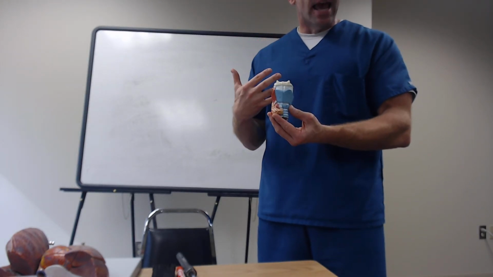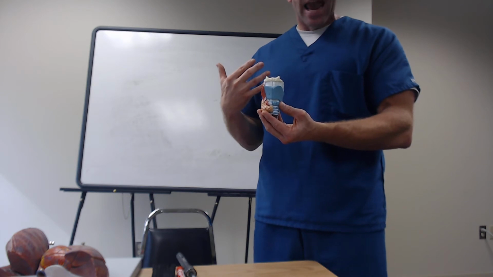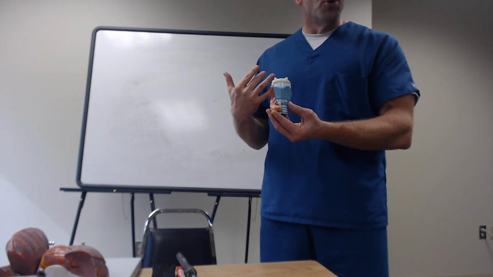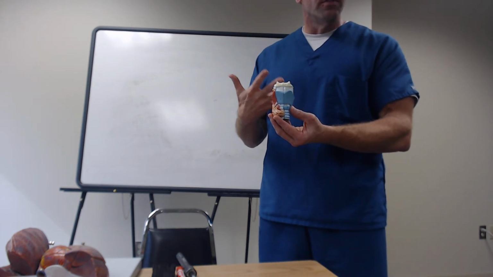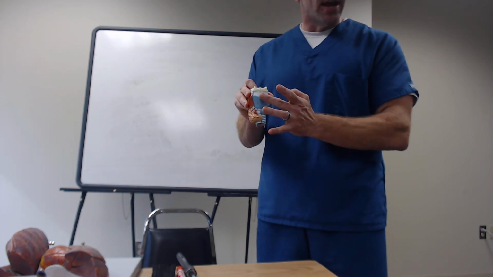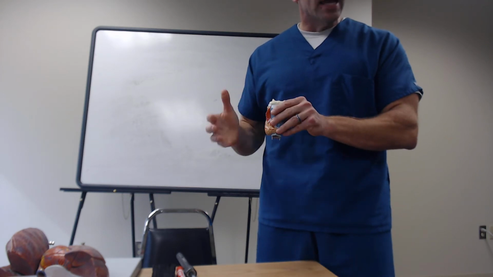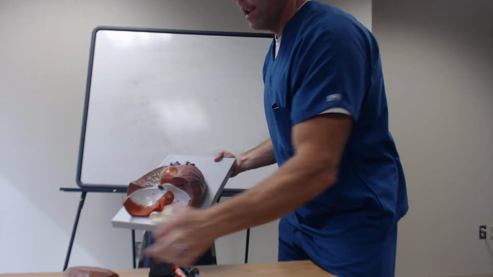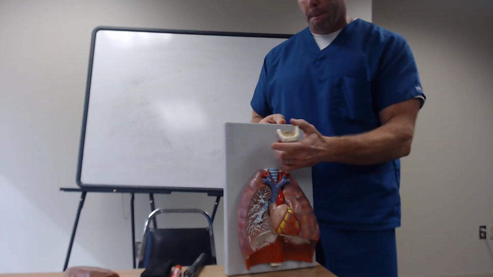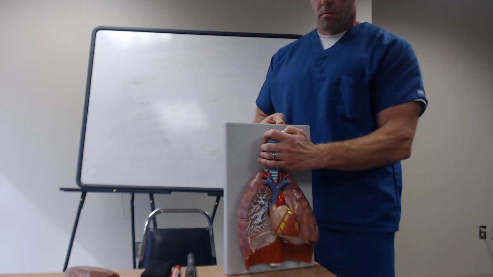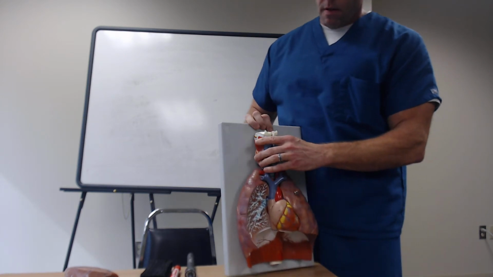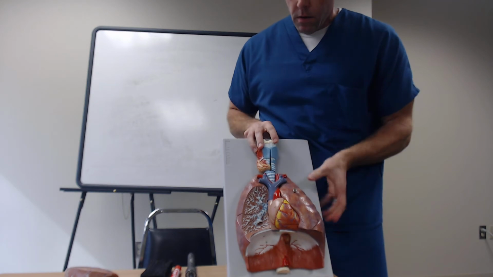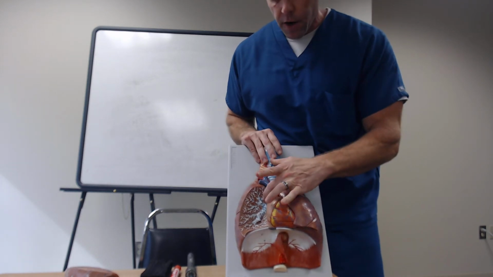Then when we inhale, atmospheric air is going to come in through the nasal cavity or the oral cavity, go down the trachea into the right and left bronchi, and it converges here.